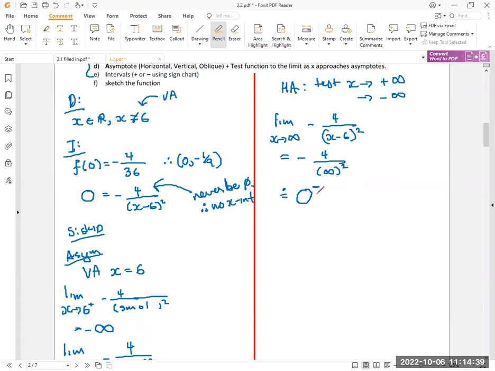It's underneath 0. Limit as x approaches negative infinity of negative 4 over (x minus 6) squared equals negative 4 over (negative infinity minus 6). It's like you're $1 million in debt and you borrow $6 more.